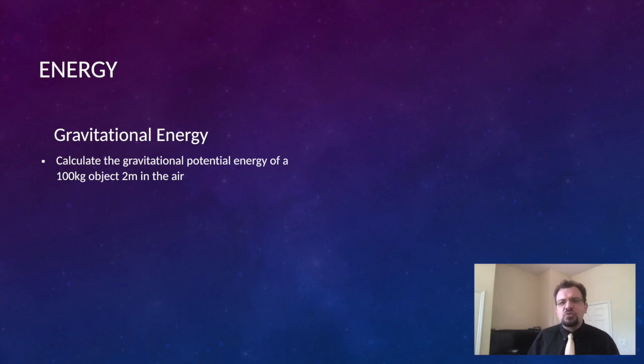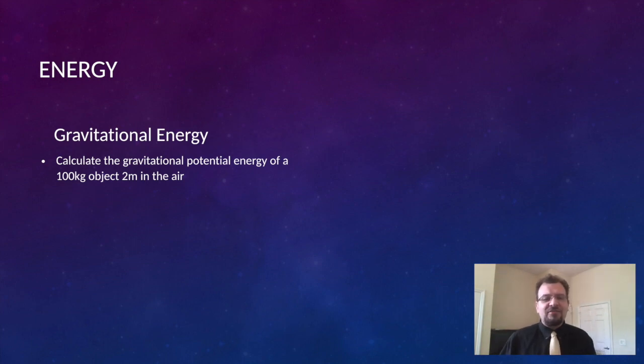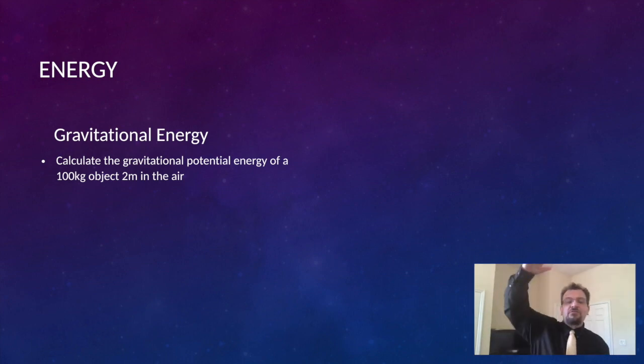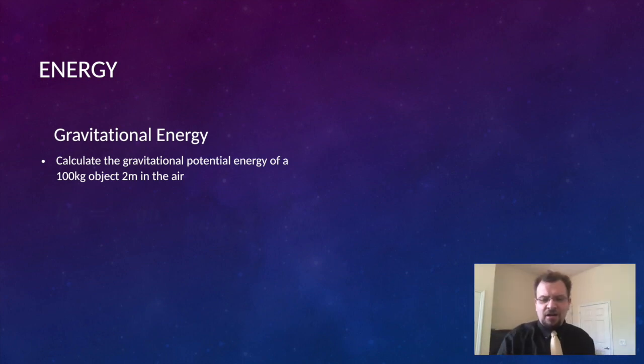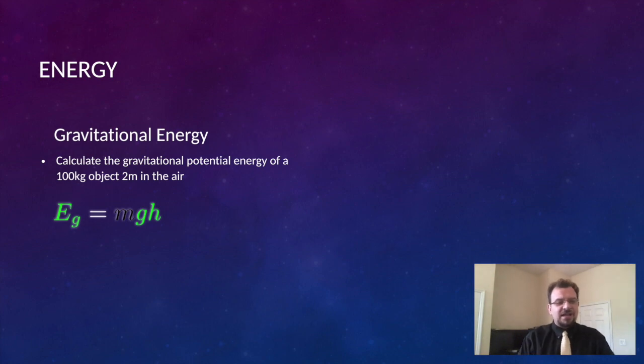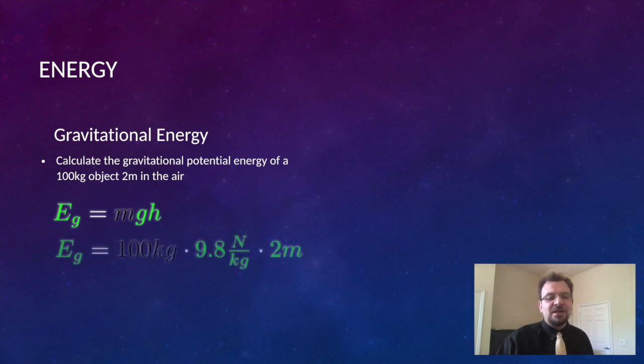So let's do some math on that one. So same numbers, we're looking for the gravitational potential energy of that 100 kilogram object. Now we've raised it 2 meters up in the air. So gravitational potential energy is going to equal the mass times the gravitational strength times h, that's the height that we've moved up in the field.